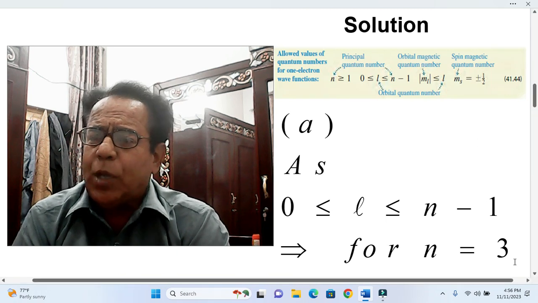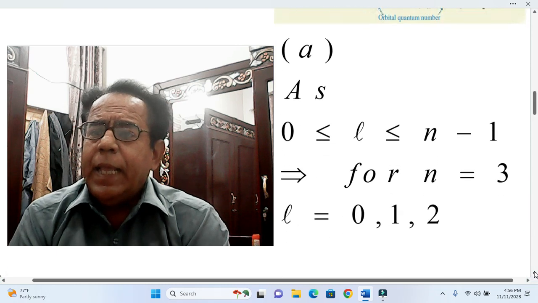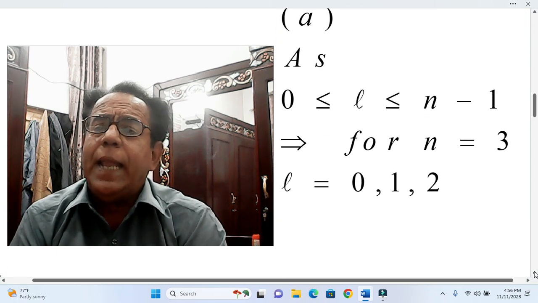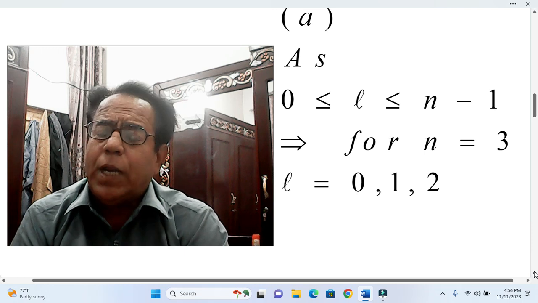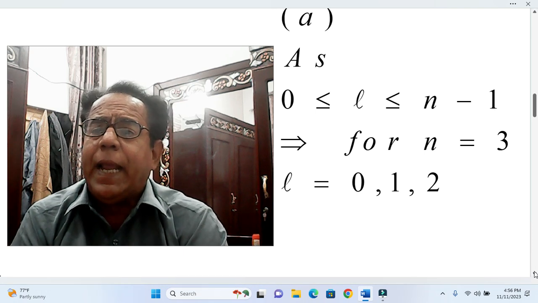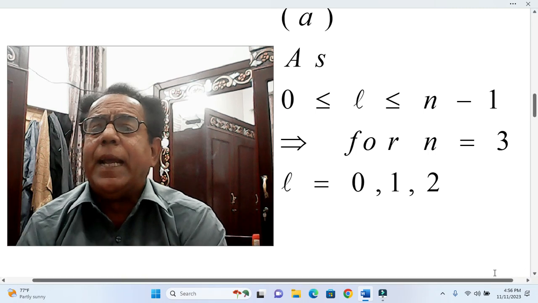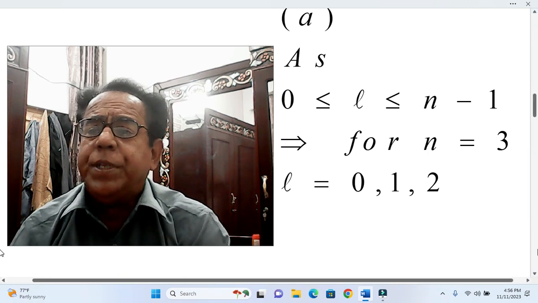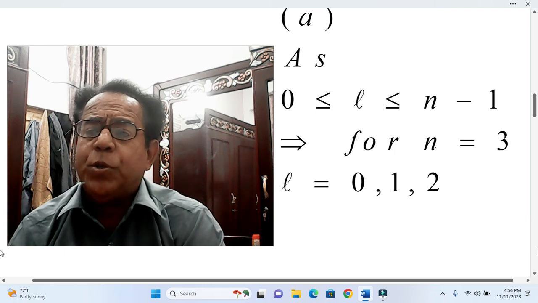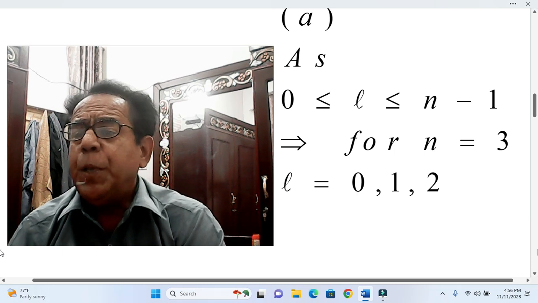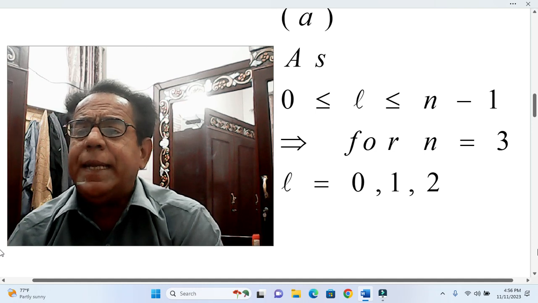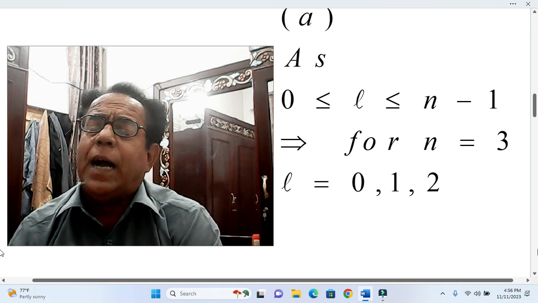Now we come towards part A. As small l is either equal to or less than n minus 1 and either equal to or greater than 0, this implies that for n equal to 3, l is equal to 0, 1, 2. Because small l can never be equal to n.